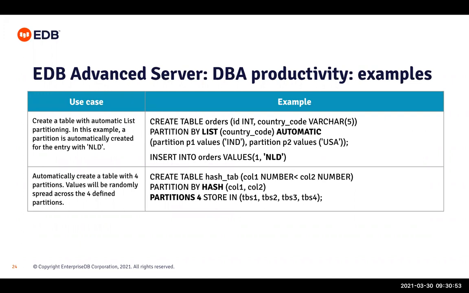Creating a table with list partitioning here for India and USA, and then adding data which does not conform with the current partitions, then that partition will automatically be created. This is an advanced server functionality.